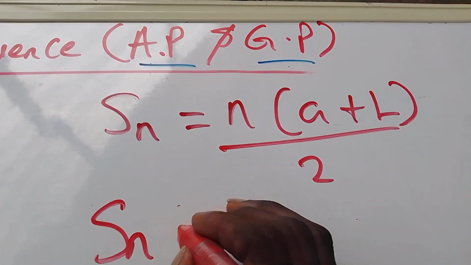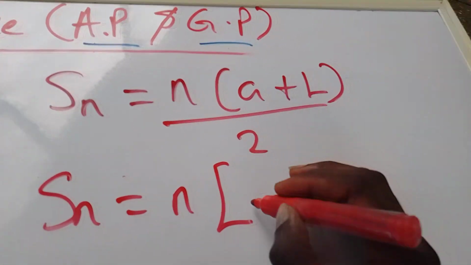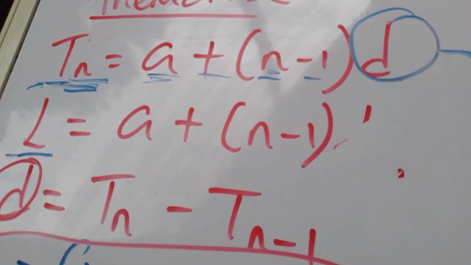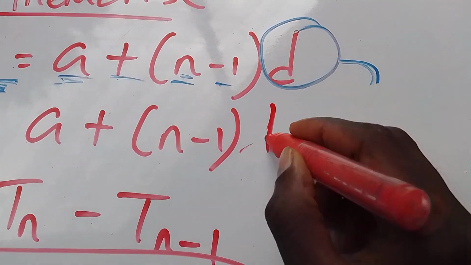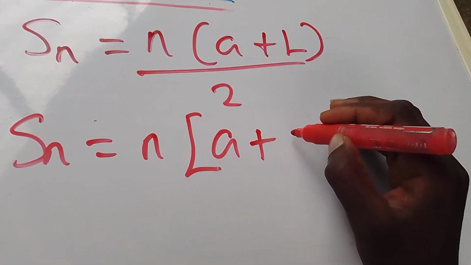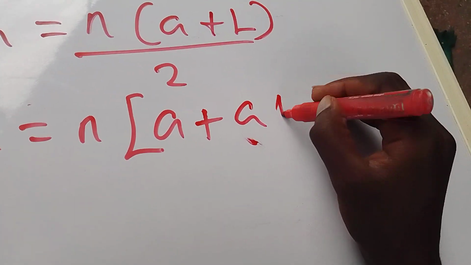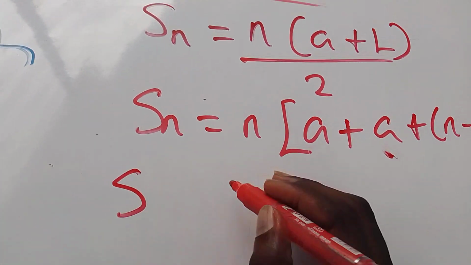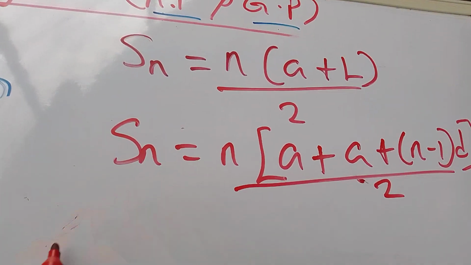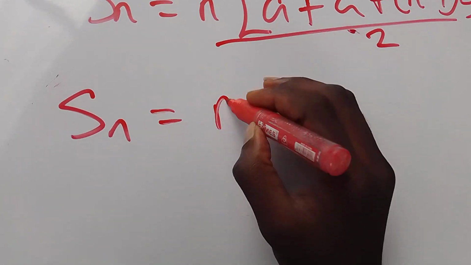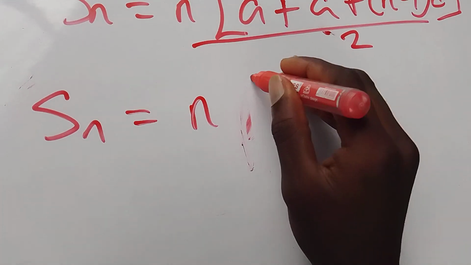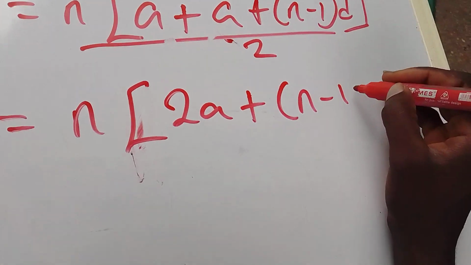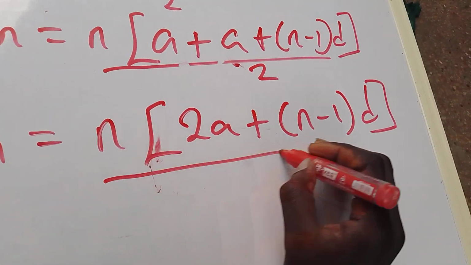So from here I can say that Sn is then equal to n into (a plus this last term). I've said before that this last term is equal to a plus (n minus 1) d. So I can say that's equal to another a plus (n minus 1) d, right? So from here I can just say n all over 2. So Sn is equal to n into (a plus a, that's 2a plus (n minus 1) d) all over 2.